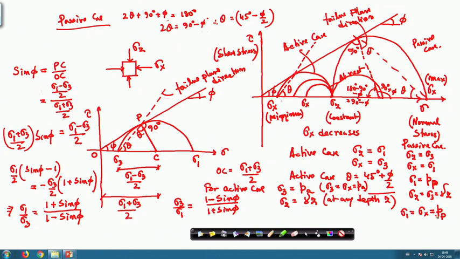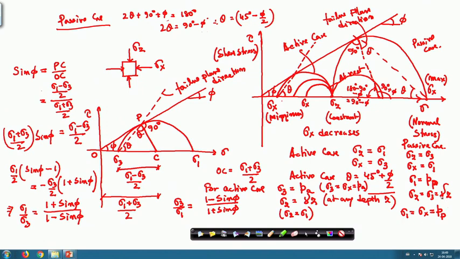So, remember that for the active case, sigma 3 is P A, the lateral earth pressure, and in that case your sigma z is equal to sigma 1, which is gamma into z.